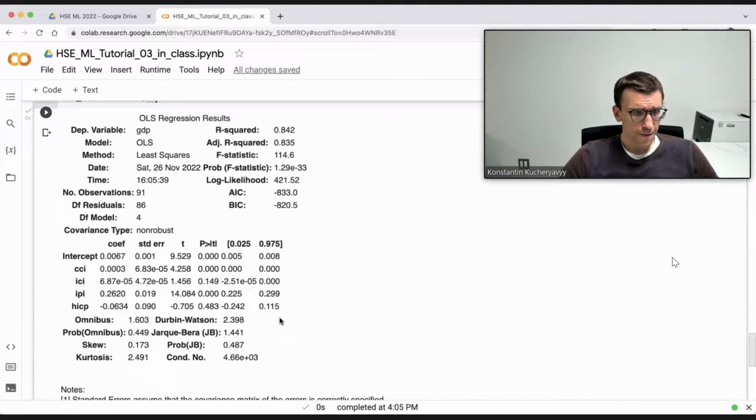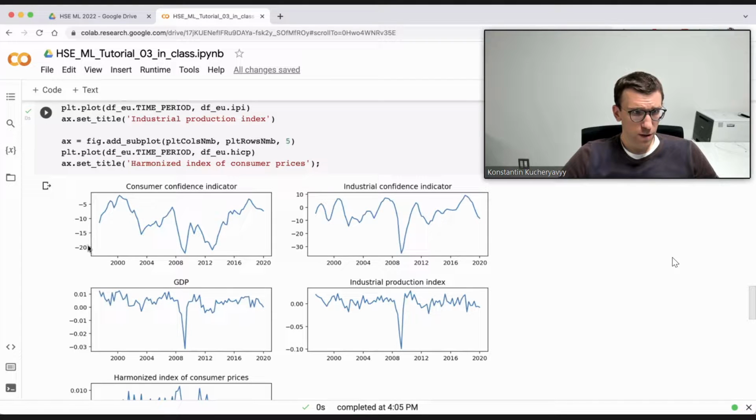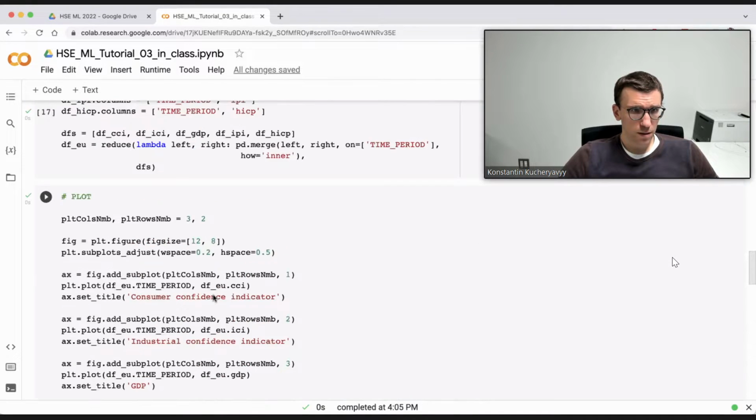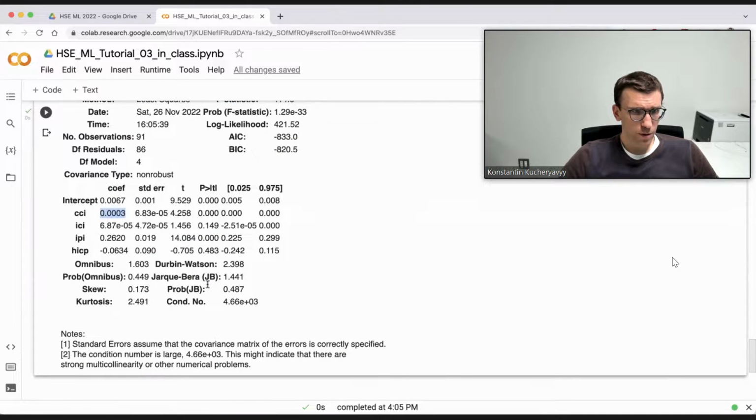So consumer confidence indicator is significant, although the coefficient is very tiny, but that might be because if we look here, the values are like -5, -10, -20, while the GDP values are like 0, something.